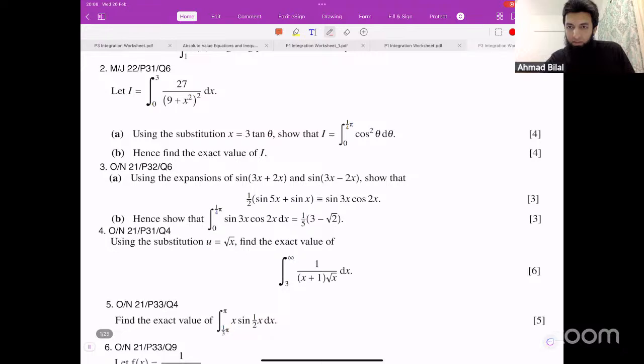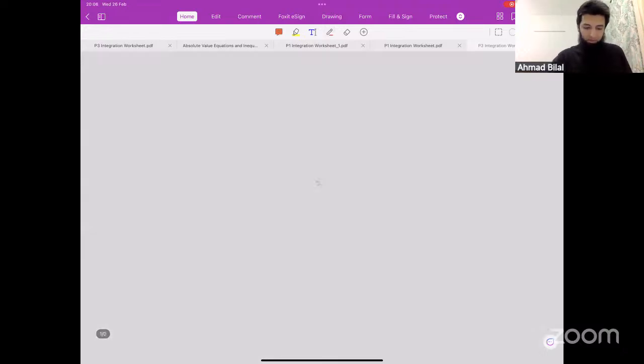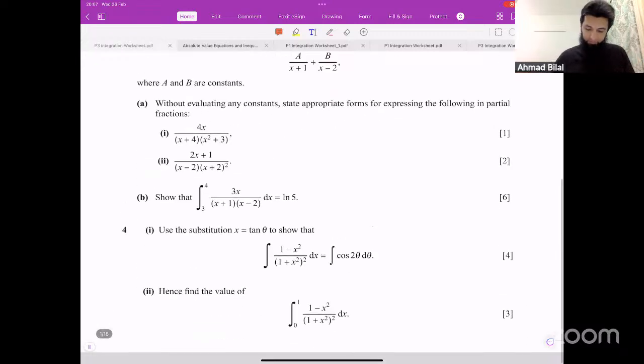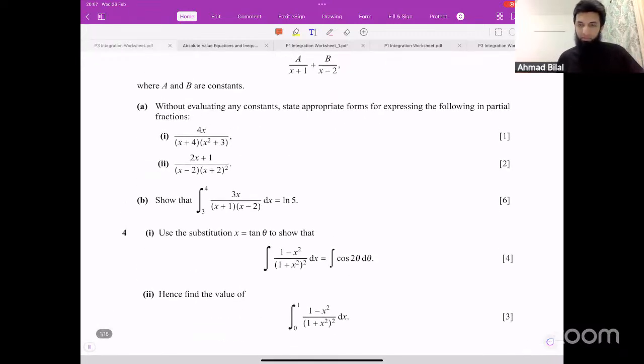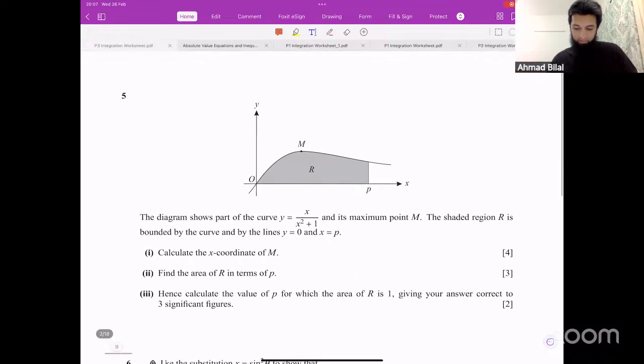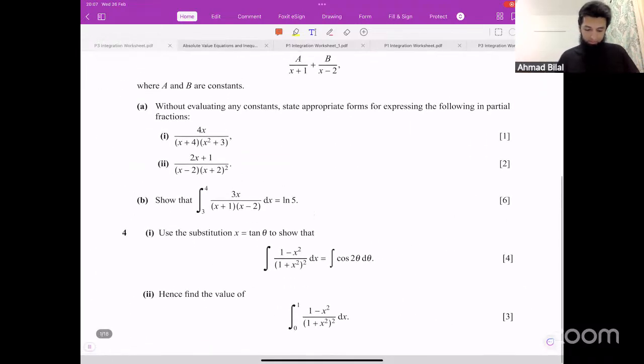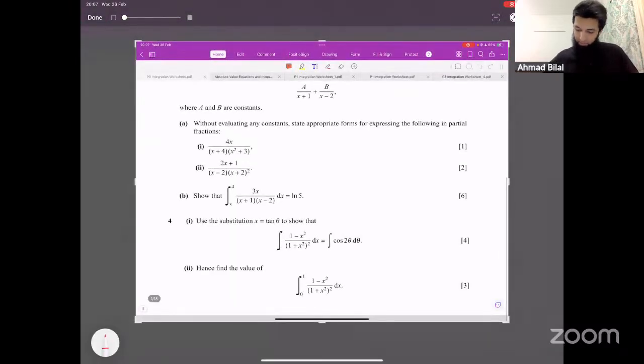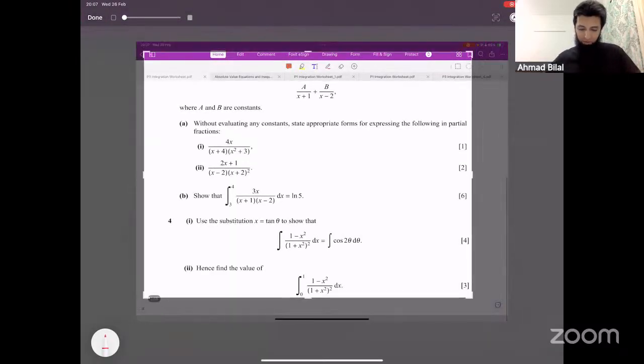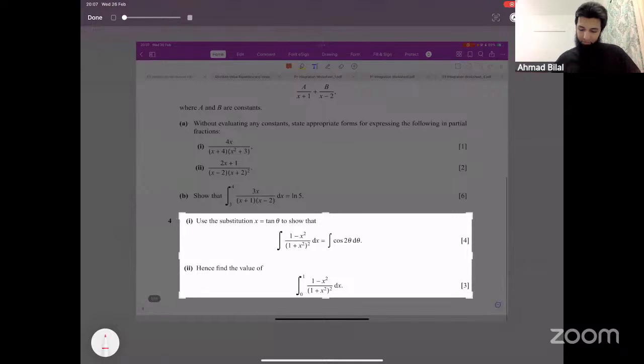All right. 19, 6, and 4. And the older worksheet. Okay, question number 4 from this. You're done with the first part?